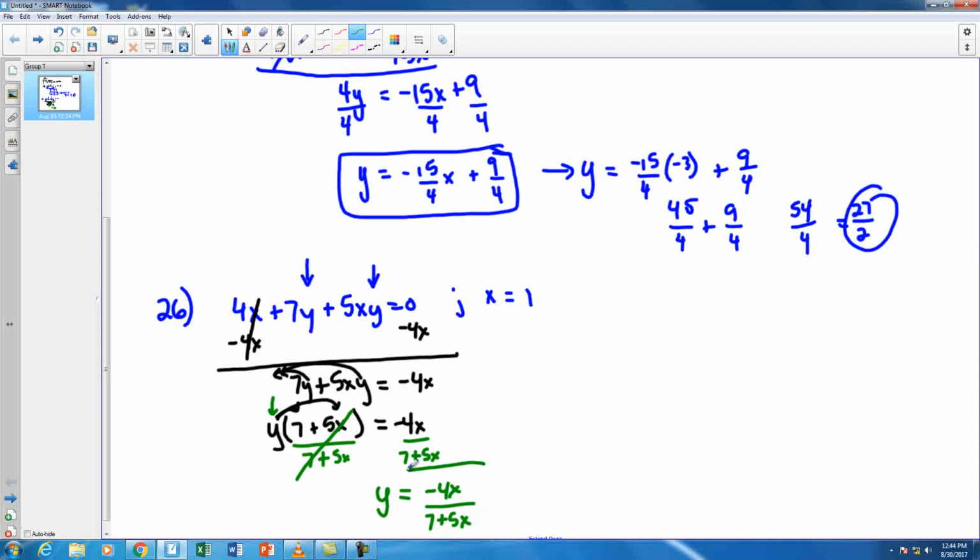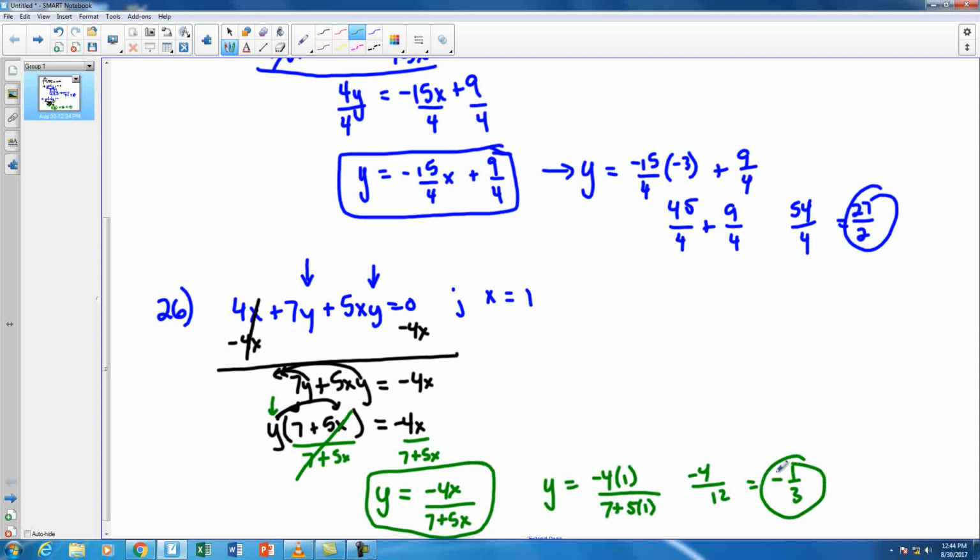Then, if I were to plug in 1 for x, y would equal negative 4 times 1 over 7 plus 5 times 1. Well, negative 4 times 1 is negative 4. 7 plus 5 times 1 is, of course, 5, plus 7 is 12, making this negative 1/3.